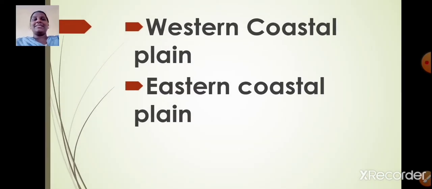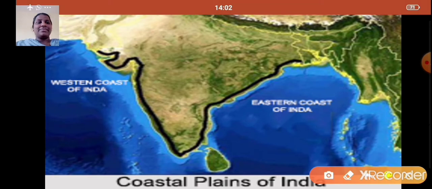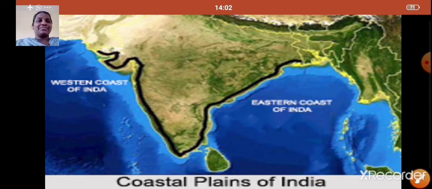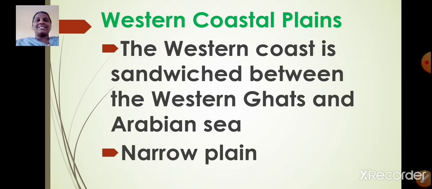Now let us learn about the western coastal plain and the eastern coastal plain. Here you can see on this map the western coastal plain as well as the eastern coastal plain. First, let us begin with western coastal plains.